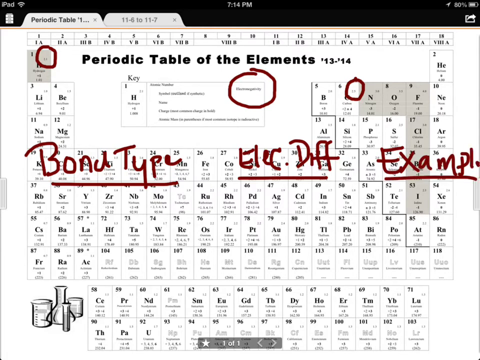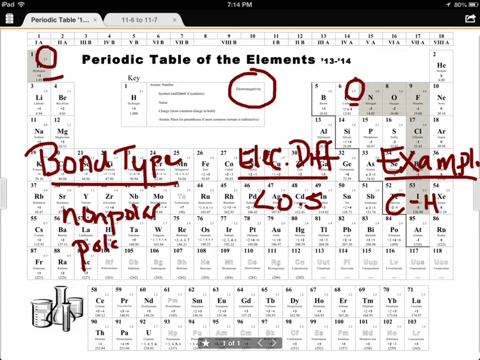So if you've got a bond type that's nonpolar, it just means that the electrons are shared equally across the bond. There, the electronegativity difference is going to be less than 0.5. So a good example of that would be a carbon-hydrogen bond, because here the electronegativity of hydrogen is 2.1, carbon's 2.5, that difference is 0.4.